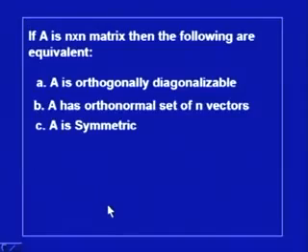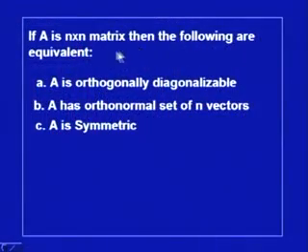So, let us discuss this theorem, according to which, for a given square matrix A, the following are equivalent. The first is that A is orthogonally diagonalizable. The second statement is that A has an orthonormal set of n eigenvectors, and the third statement is that A is symmetric.